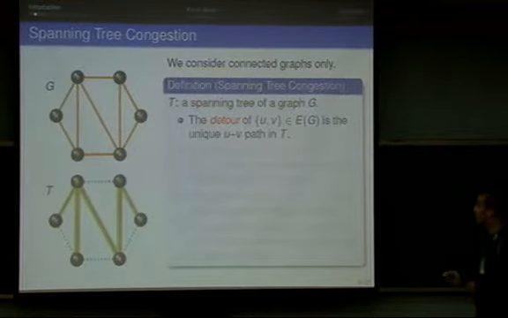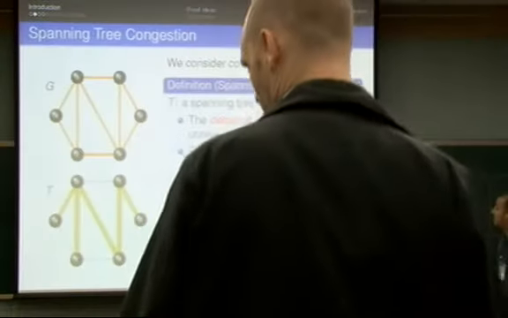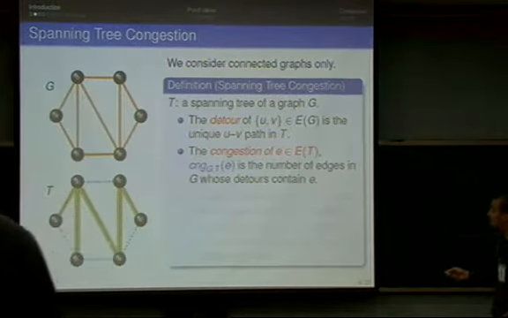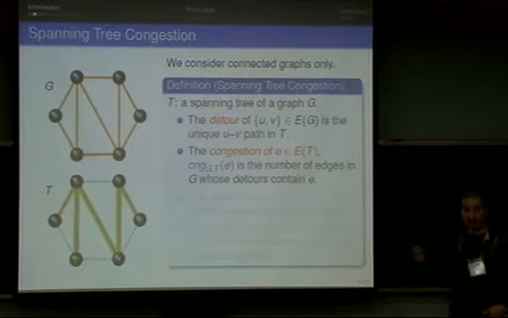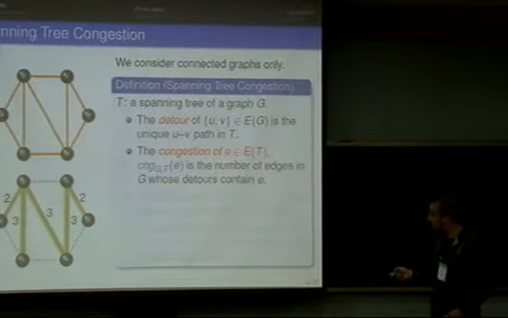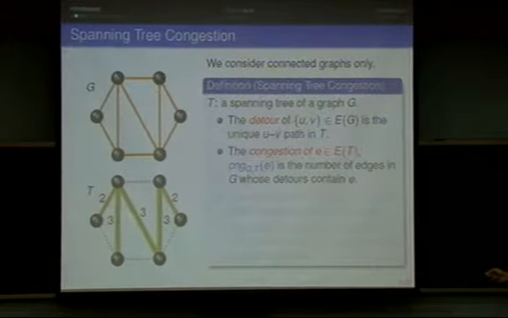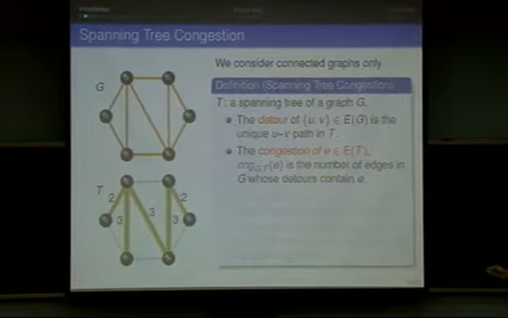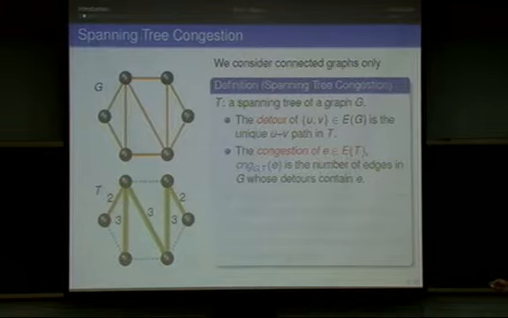The congestion of an edge E in the spanning tree is the number of edges in the original graph whose detours contain E. So the congestions here are 2, 3, 3, 3, 2. For example, this edge is used by the detours of AB itself, FE and BC.